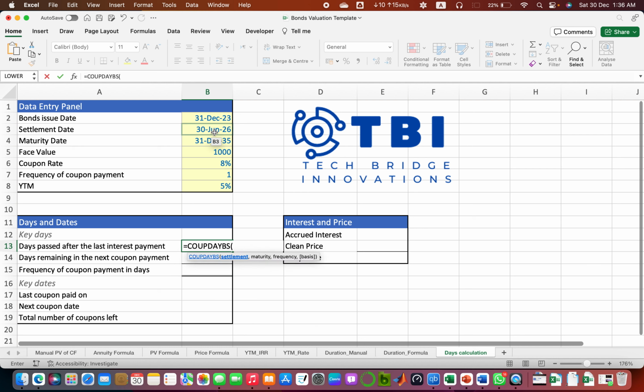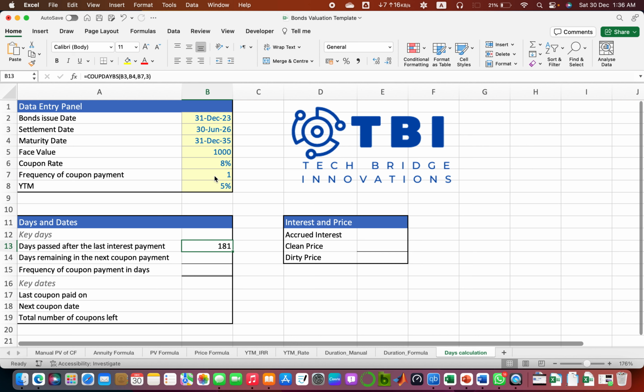It's asking for the settlement date. Settlement date is B3. Maturity date is this. And then the frequency is annual. And then the day convention, that's 3. And that's it. So 181.